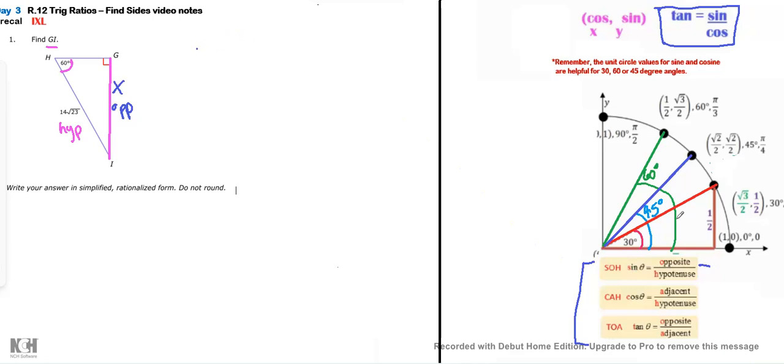So we're going to set that up. Sine of the 60-degree angle equals the opposite side, which we don't know what that is, over the hypotenuse, which is 14 square root of 23.